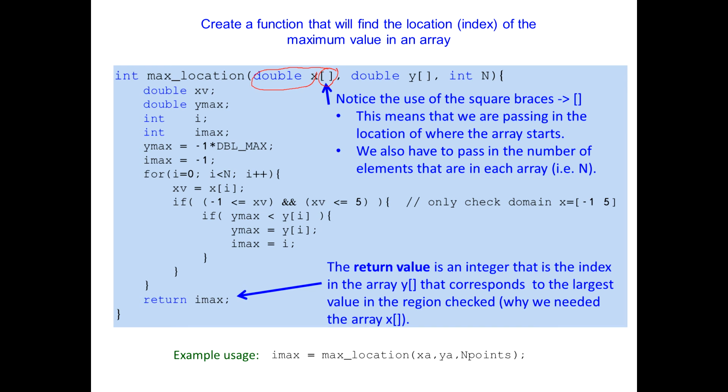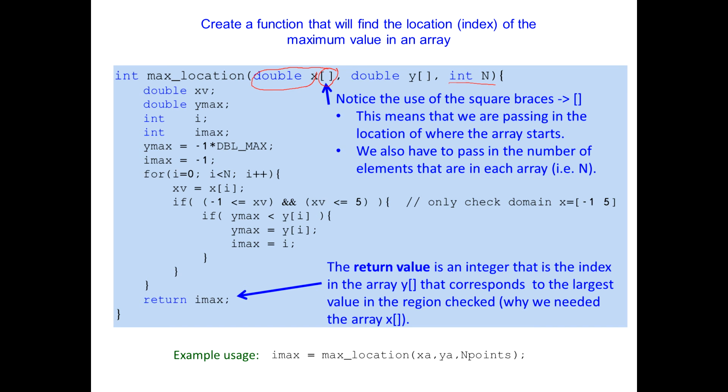Okay, this means that we're passing in an array, and this is telling the compiler, okay, we need to know the location in memory where this array starts. Okay, so we're going to pass in both x and y, the arrays, and we also have to tell it how many points are in each array, and in this case they're the same number of points, so we only have to pass in n that we can use for both.